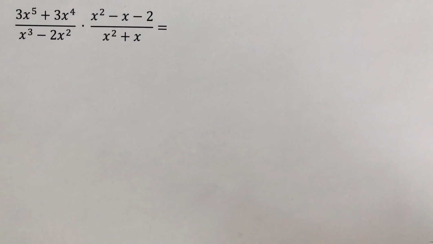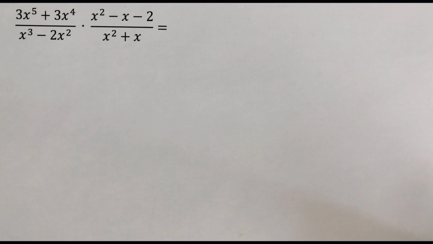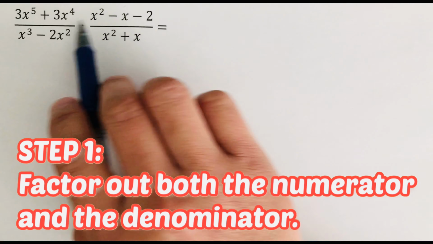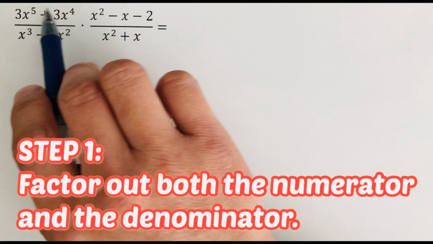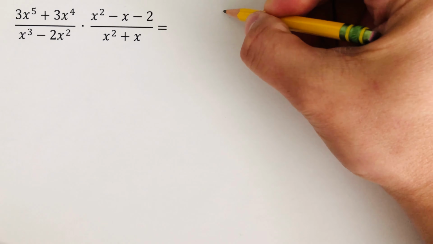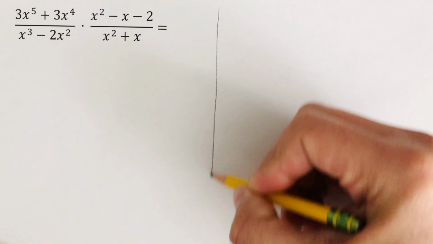Okay, so we go over the problem here. Again, the first step is to factor out both the numerator and the denominator of each of these rational expressions. So I'm just gonna show the work on the side right here.